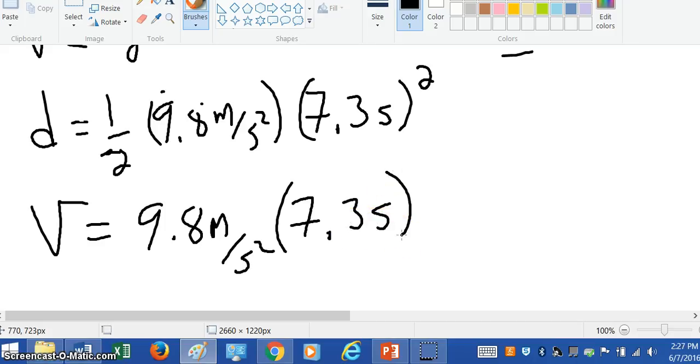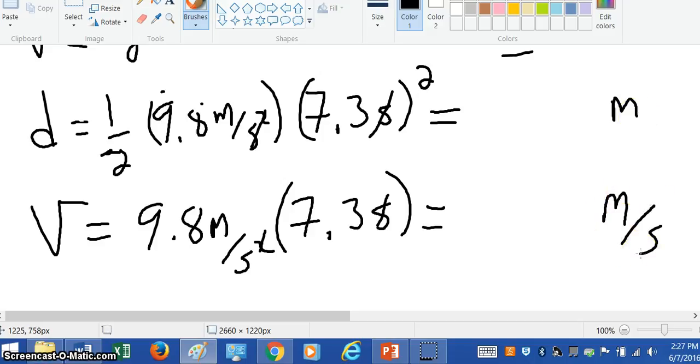Let's take a quick look at the units. The seconds squared is going to cancel the seconds squared in the time, which gives an answer in meters. And this seconds will cancel one of these seconds, which gives an answer in meters per second. The velocity should be in meters per second.